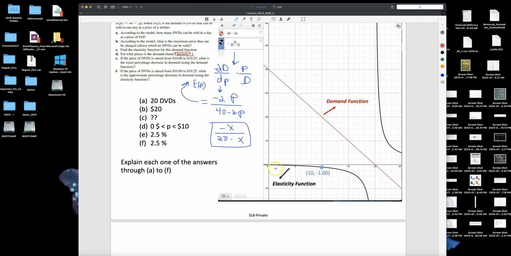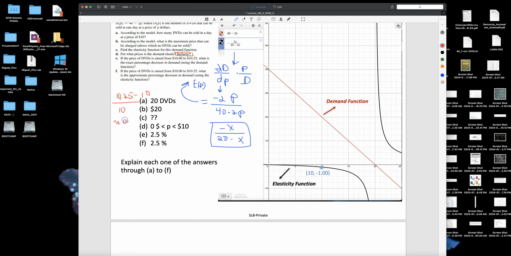The elasticity is decreasing with the price. Now they say, let's go to part F: if the price of DVDs rises from $10 to $10.25, I have a change in price of 10.25 minus 10, all of this divided by the original price of $10, and then I compute that as a percentage.